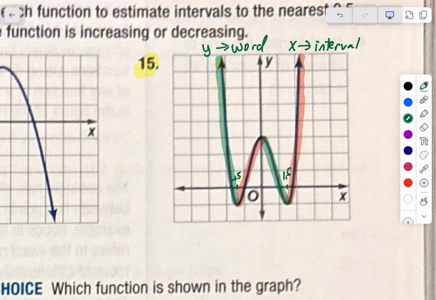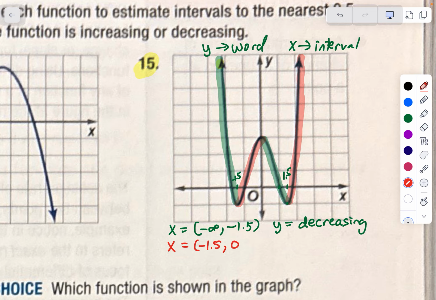From an x value of negative infinity to an x value of negative 1.5, my y is going downhill, it is decreasing, okay? And then from an x value of negative 1.5 to 0, my y is going uphill.